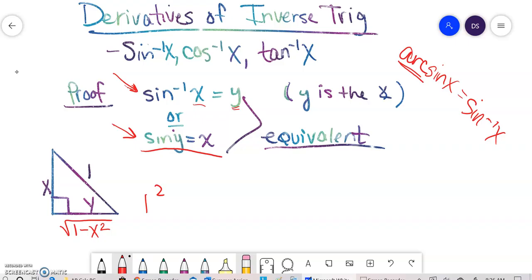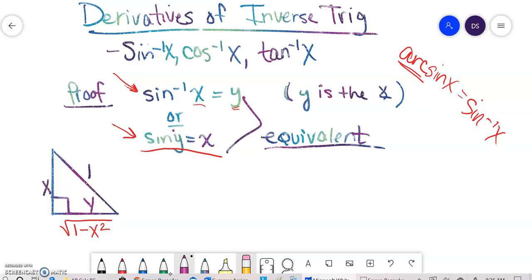If I said 1 squared equals x squared plus b squared, then I would get b to be the square root of 1 minus x squared. So instead of using 2 variables, I'm just doing it so that I can use 1 variable. I left that in red just so you could see where I got that from.